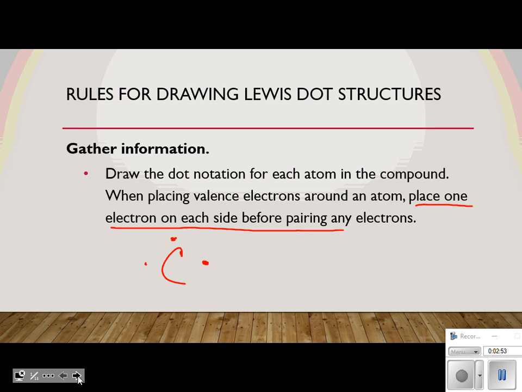So I would draw carbon as so. So when I'm drawing this Lewis dot structure, it's going to be slightly different than how I drew my electron dot notation. And it's all about bonding sites, places that this carbon could potentially share electrons with other elements.